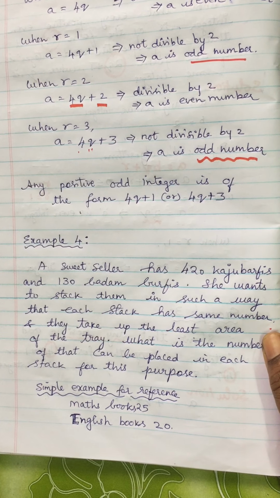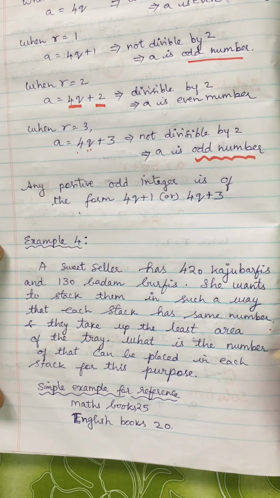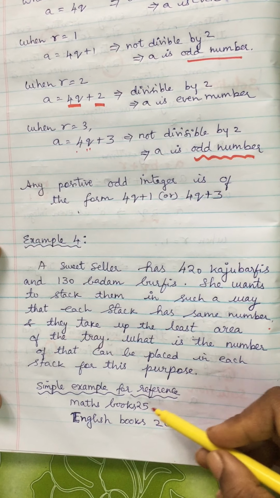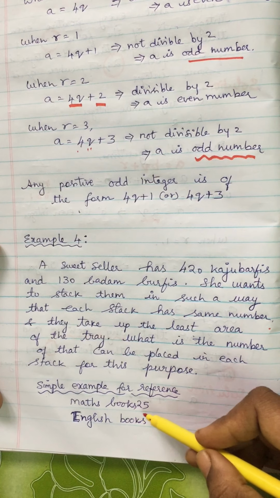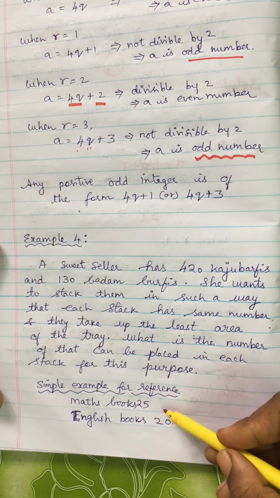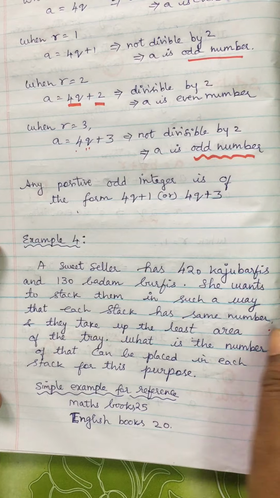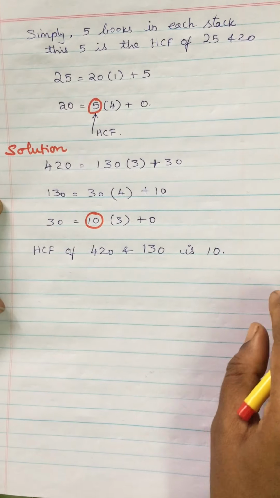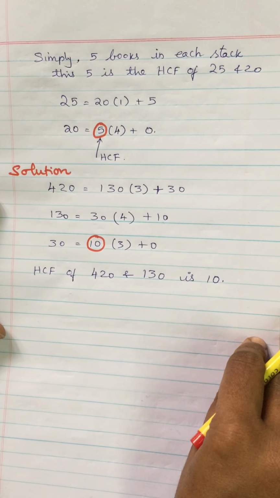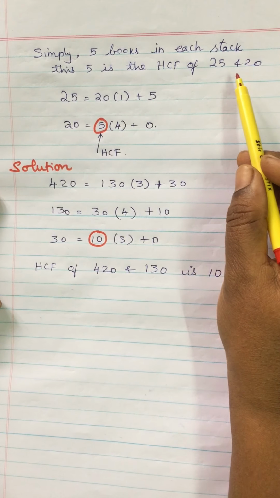So for further understanding, I have given a simple example for reference here. This is on my own. You take 25 Maths books and 20 English books. You want to stack them in such a way that each stack contains an equal number of books.